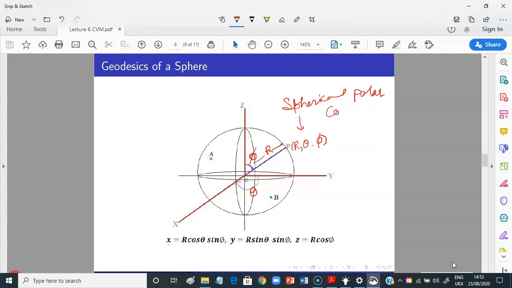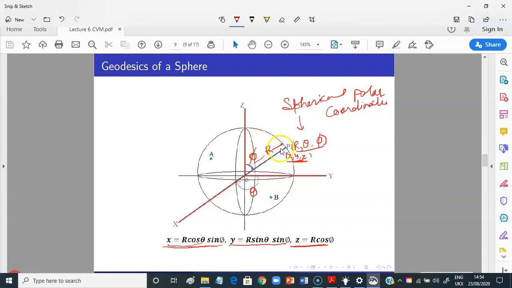Now, if we represent it in Cartesian form, then the coordinates are given by x, y, z. Then what is the relationship between x, y, z and r, theta, and phi? So you represent the spherical polar coordinates in this manner: x is this, y is this, and z is this. That is how you represent the spherical polar coordinates.